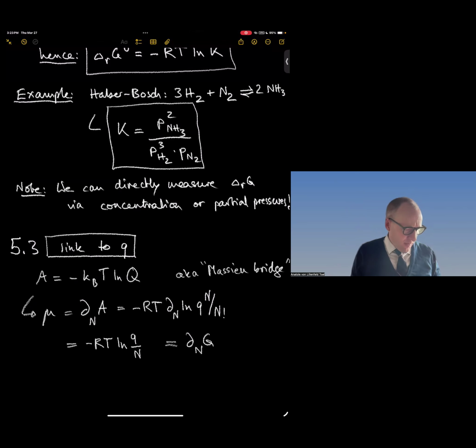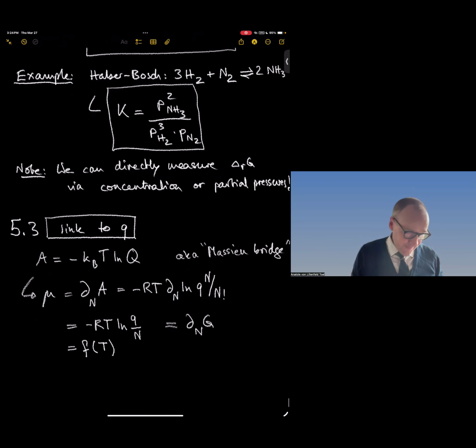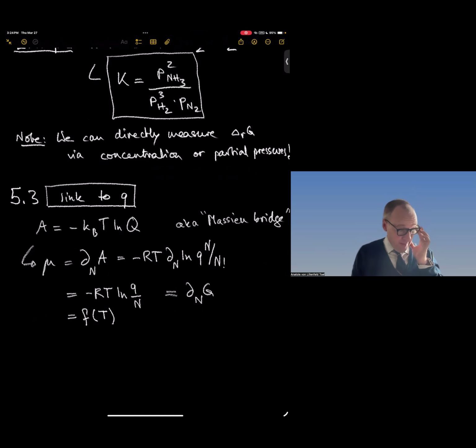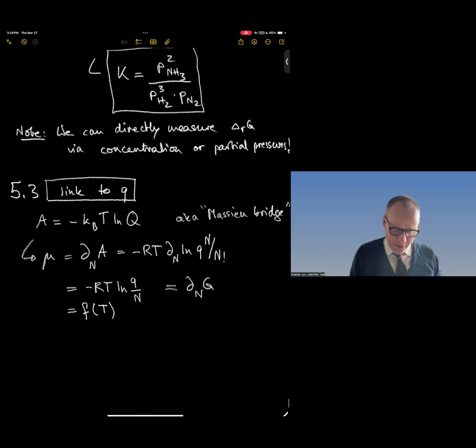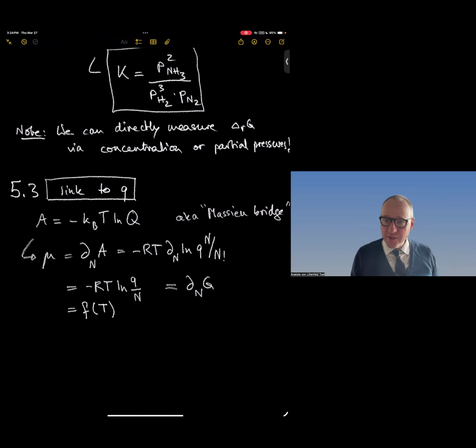So we can see that because of this mu being related as such with these thermodynamic state functions, this must also be a function of the temperature. Right? And that's something which has great implications.